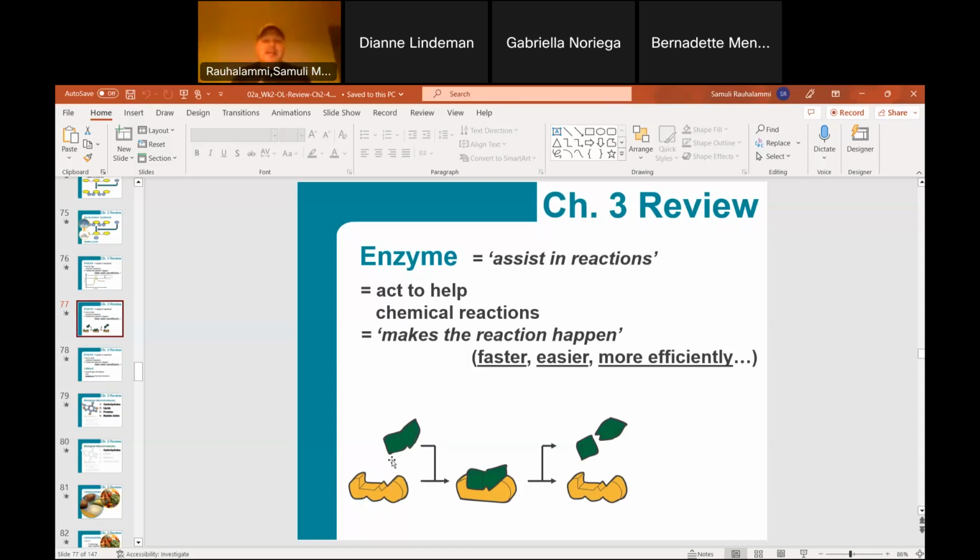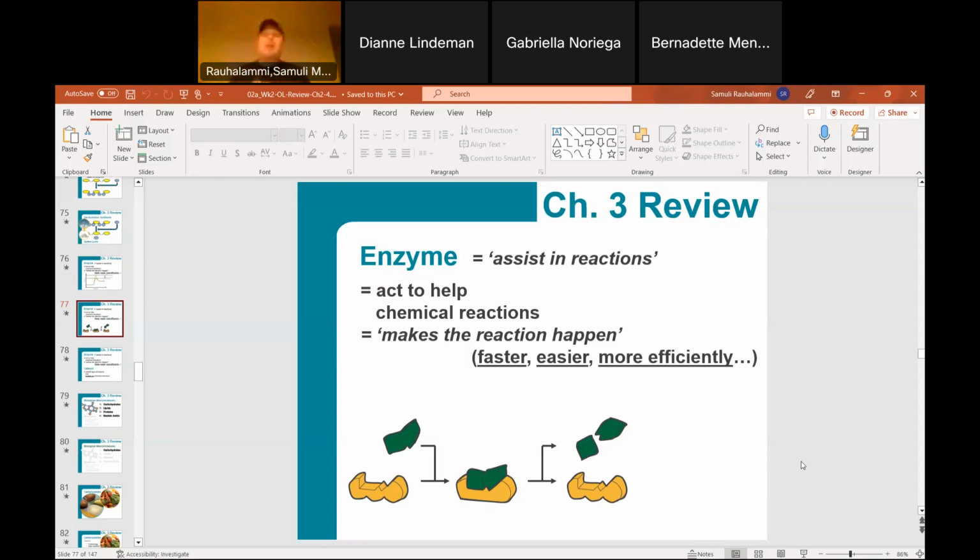What we call this green block is the substrate, and the substrate binds to the active site of the enzyme, as you see in that middle picture. It binds to this active site of the enzyme, and that can sometimes cause the enzyme to actually change in shape. And the enzyme helps this reaction to happen.